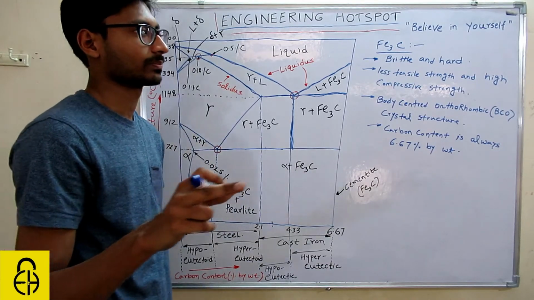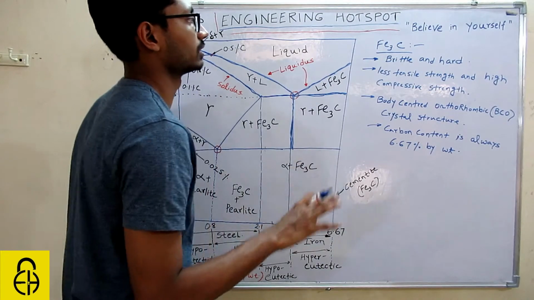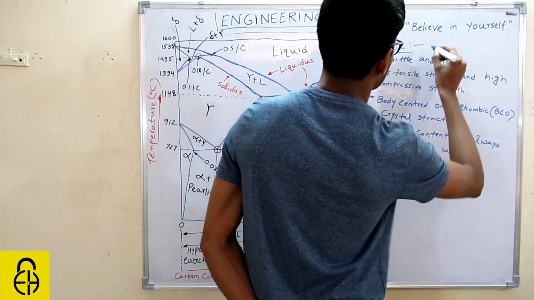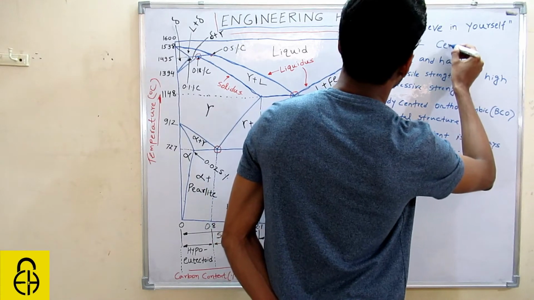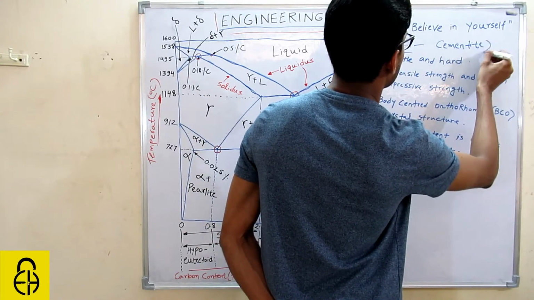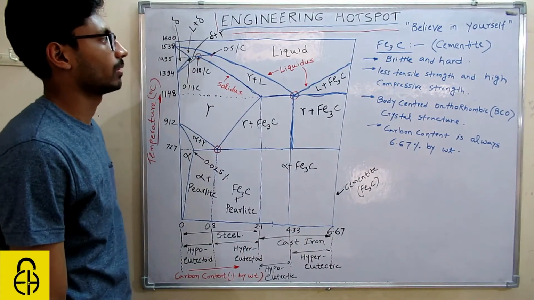Then that interstitial compound is called Fe3C, means cementite. It's called cementite, okay? So this is all about the cementite.